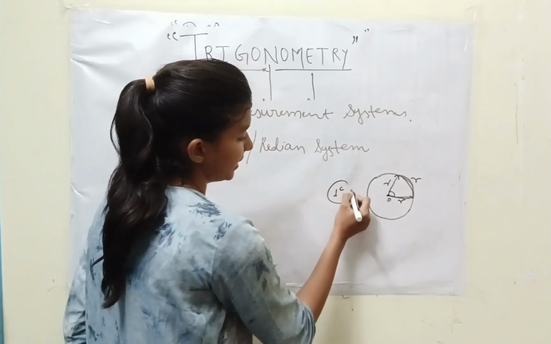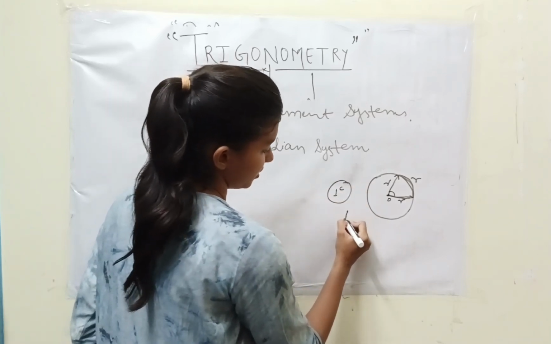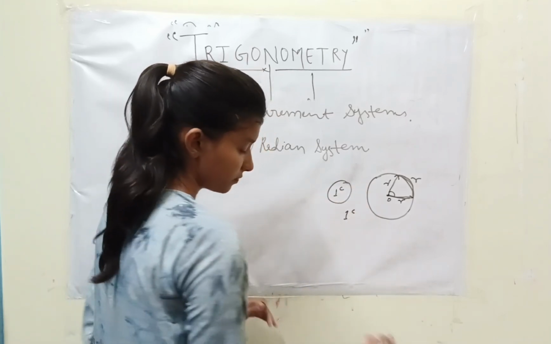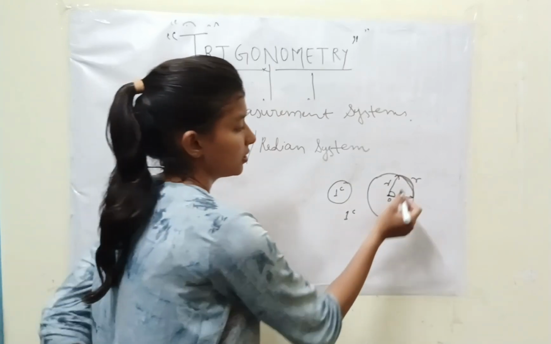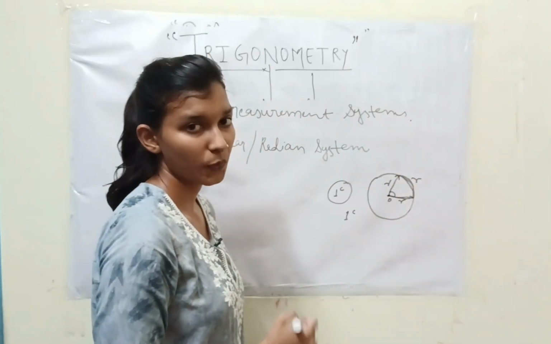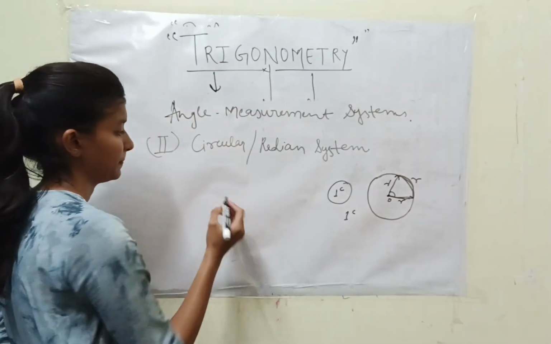This is the denotation of radian, 1 radian. Hence, the whole revolution is 360 degrees.